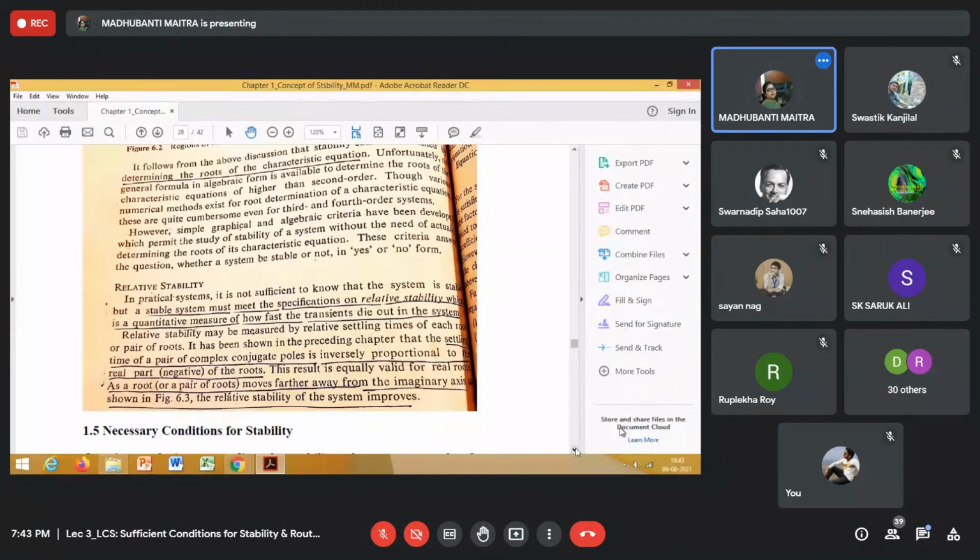But if you want to compare system B with system A, and suppose both the systems are stable, so we want to find out which system is more stable, then it's required to quantify the notion of stability. That's why I use the term the degree of stability of a system.